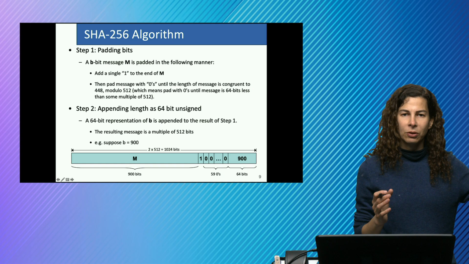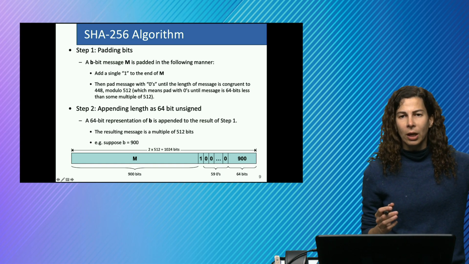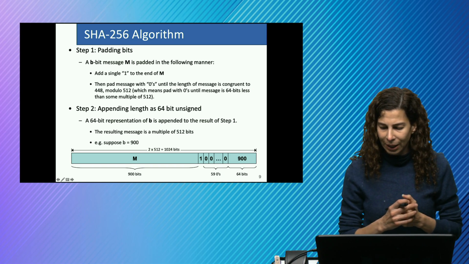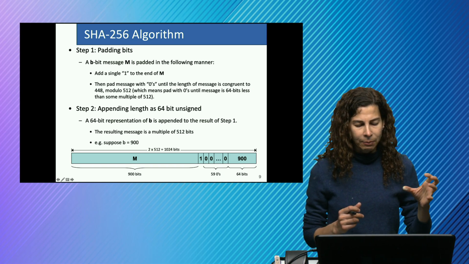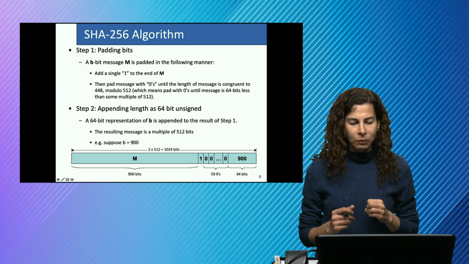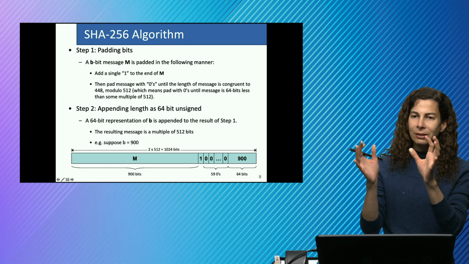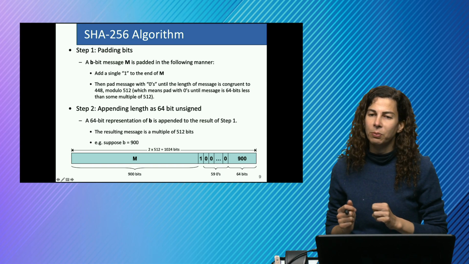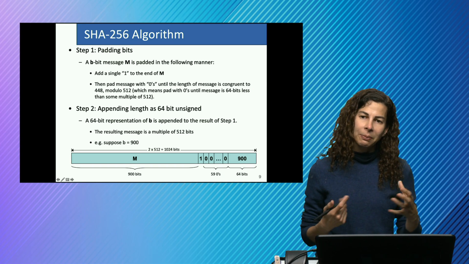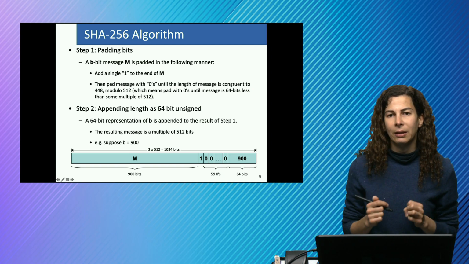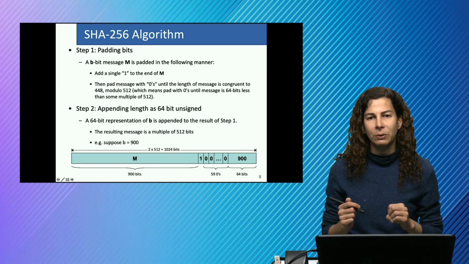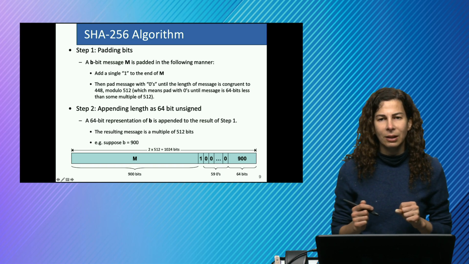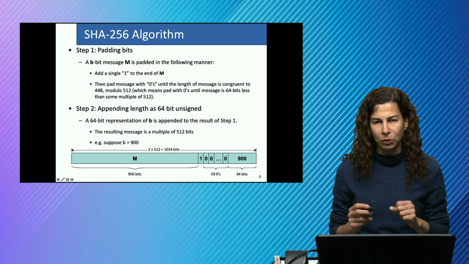But before then, we're going to pad it with zeros until the length of the message gets to 448 modulo 512. Which means we pad until we get something which has 64 bits less than some multiple of 512. And then once this happens, we use the rest of the 64 bits, which is unsigned.